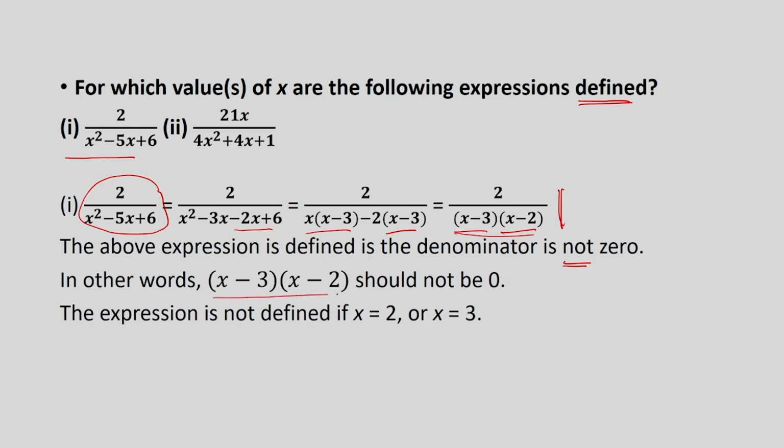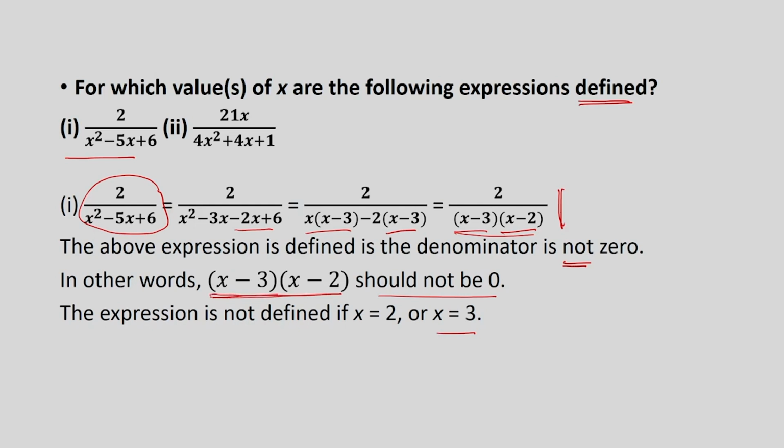Now, the denominator is x minus 3 multiplied by x minus 2, and that cannot be equal to 0. Now, when is this expression, x minus 3 multiplied by x minus 2, equal to 0? There are two cases when it can be equal to 0. Either x is equal to 3, in which case this part becomes 0, and therefore the product becomes 0.